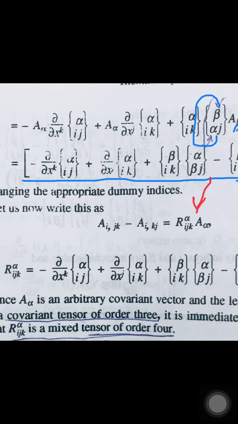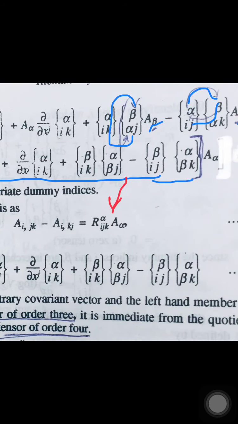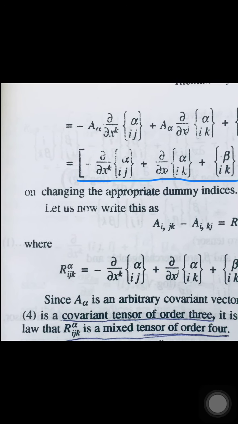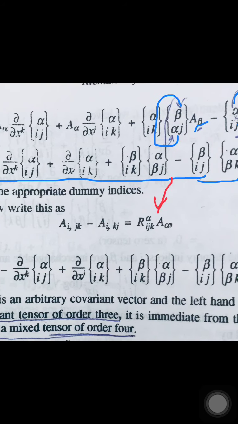But on the right-hand side, it is immediate from the quotient law that R^alpha_{ijk}, with 1 upper subscript and 3 lower subscripts, so 4 subscripts in all, is a mixed tensor of order 4. So the left-hand side is a difference of order 3 and the right-hand side gives a tensor of order 4, with a_alpha arbitrary.